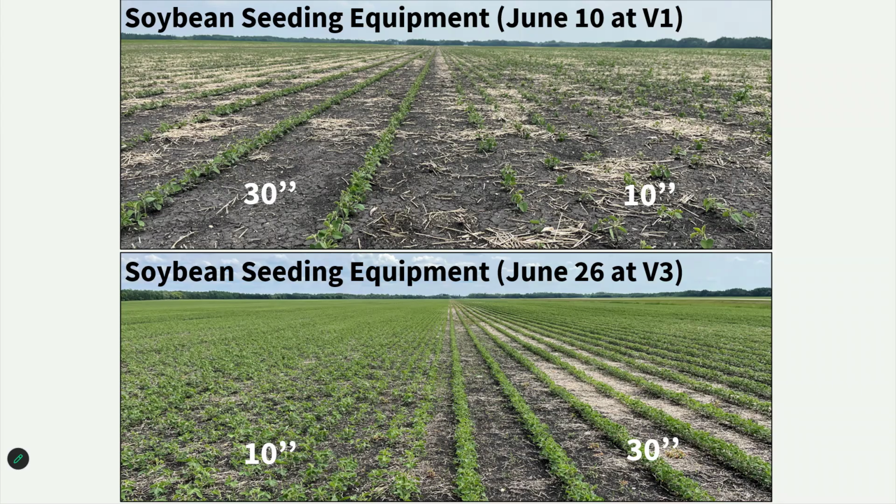And so what happened was the seedlings in the wide rows were better able to push up through the crust with many seedlings working together, and it had better emergence where the 10-inch spacing had patchy emergence that was done with the air drill. And then on the bottom photo, this is how the crop looked on June 26th at V3, and it was starting to even out a bit.